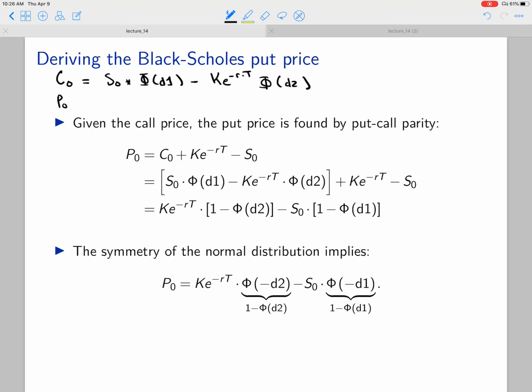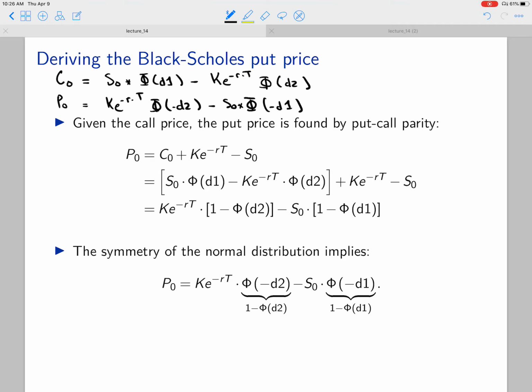While the put option formula was equal to K e to the negative R times T, phi of negative D2 minus S0 times phi of negative D1. So look at these two formulas, compare and contrast. You see that the put is really, really similar to the call price formula.